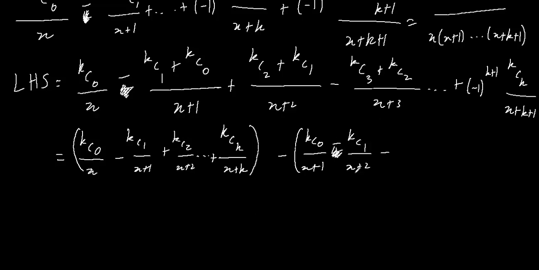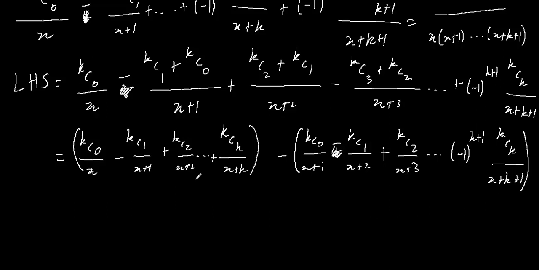It means this guy has to be a minus, and this guy has to be a plus, so that's k c2 over x plus 3. So you see now, the 0, 0, 1, 1, 2, 2 aligns perfectly. This doesn't, so that's just the pattern to notice. This is minus 1, k plus 1, k c k, all over x plus k plus 1.